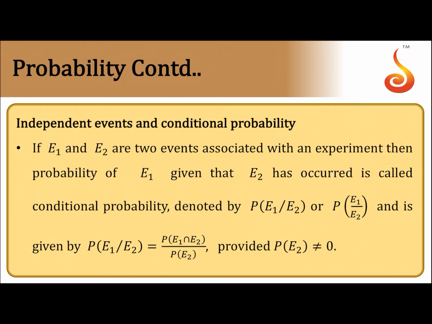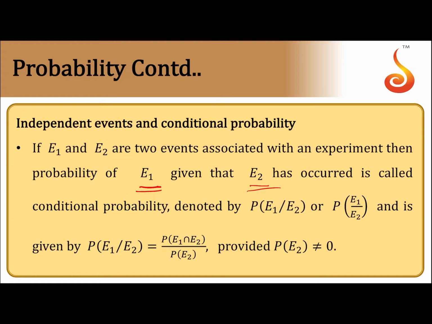If E1, E2 are any two events which are related, the occurrence of an event E1 after the occurrence of another event E2 is called a conditional event.